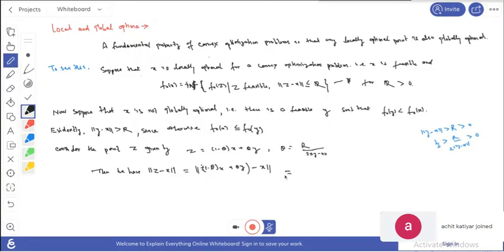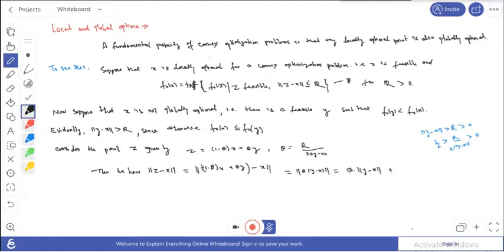If we try to solve this, the 1 minus theta x terms cancel out, leaving minus theta x plus theta x. So here we have theta times (y minus x).